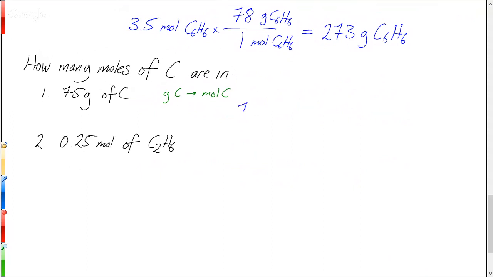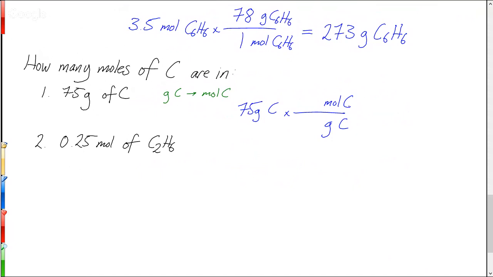So we go 75 grams of carbon, and then we want a quantity that gives us grams of carbon to moles of carbon. The thing that relates grams and moles is the molar mass. So we look up on the periodic table, since it's just one element, one atom. We see carbon is 12, and this is the only kind of tricky thing, not really tricky, but we have to remember the 12 goes with the grams.